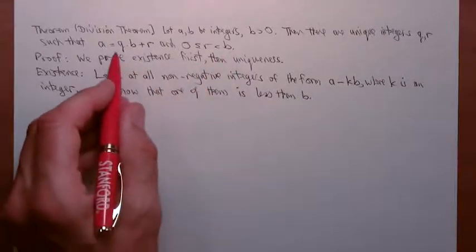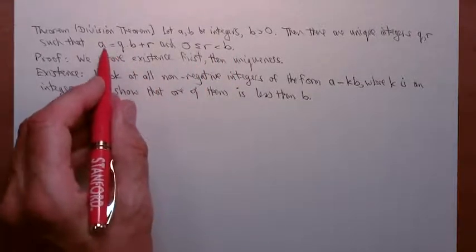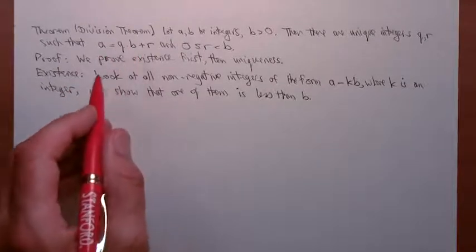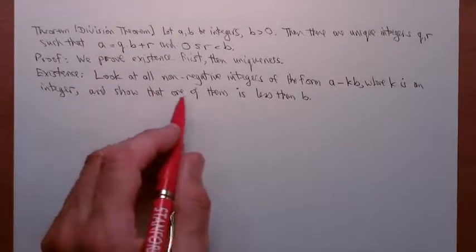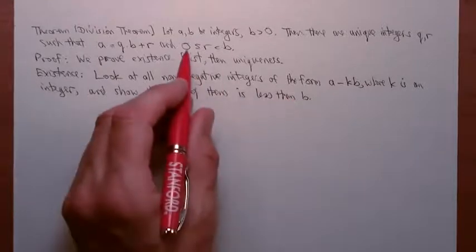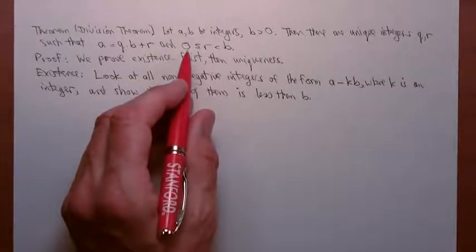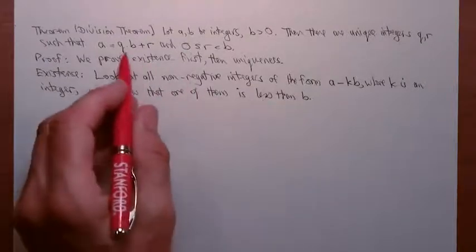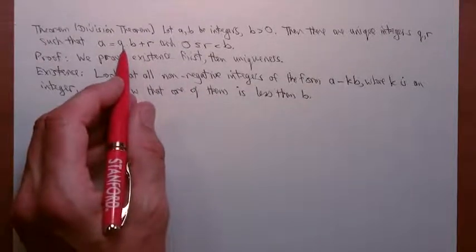So I'm going to look at all possible candidates for a minus kb, or a minus qb if you like, and I'm going to show that among those candidates, one of them satisfies that condition. And the k for which it satisfies that condition will be the q that I'll take for the theorem.